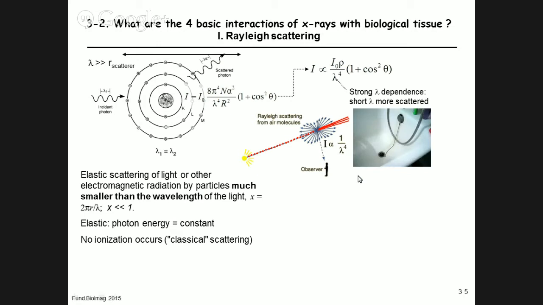So let's see some examples. You can actually see Rayleigh scattering in your bathtub. You see it at Lake Geneva as well. If you look at the water straight, it's clear. But when you look at the lake, it's blue. Blue has shorter wavelengths, so that light is being scattered.